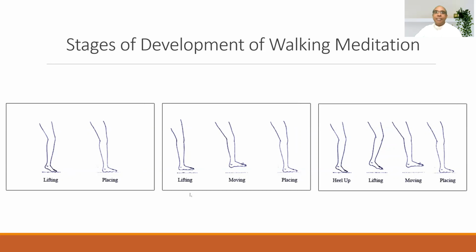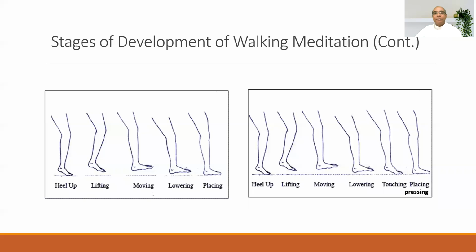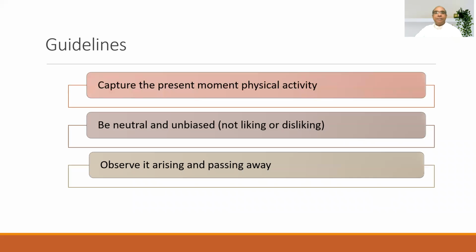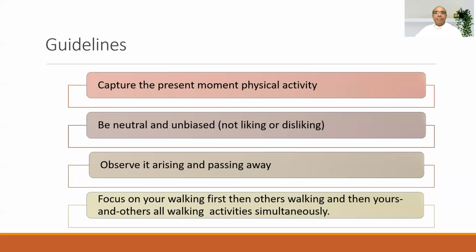So these were the figures that you missed. I'm sorry about that. So just have a look now. 2-step, 3-step, 4-step likewise. 5 and the 7. Guidelines which I read earlier were like this.